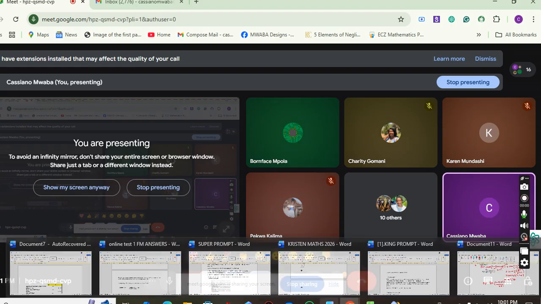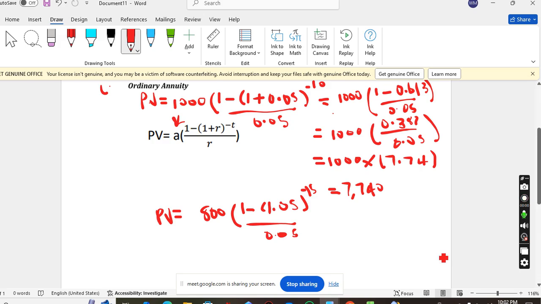Okay, did anyone find an answer? Did anyone find 7,740? We found 7,721.734. Okay, obviously it's how you rounded off when you divided these two.